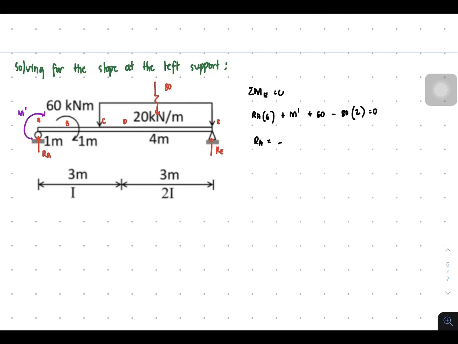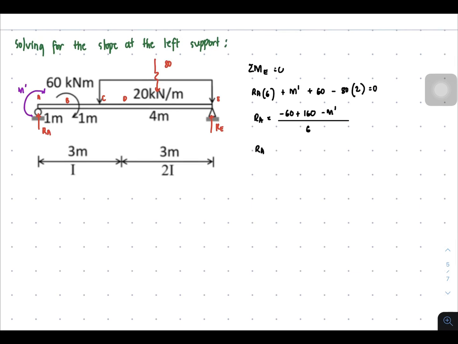So RA is now equal to negative 60 plus 160 minus M prime over 6. RA is now equal to 100 over 6 minus M prime over 6, or 50 over 3 minus M prime over 6.